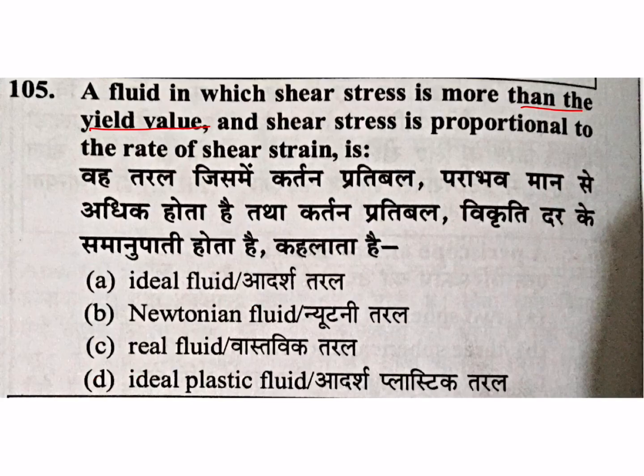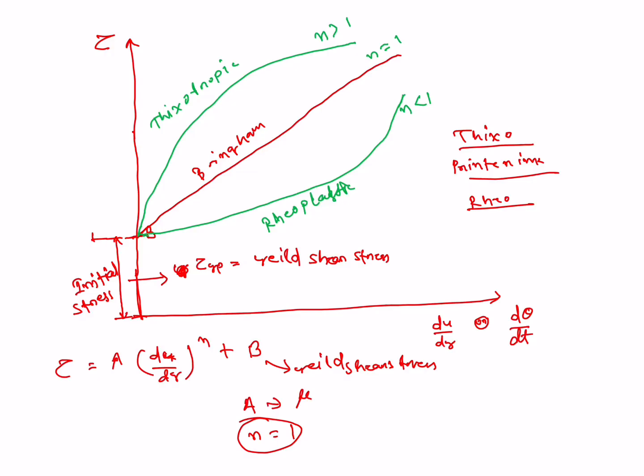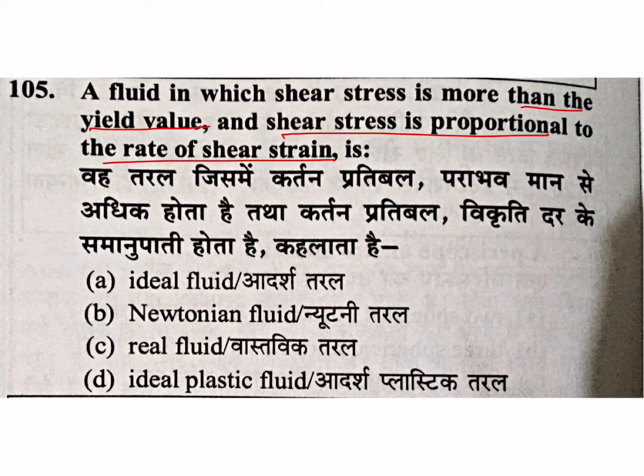Here in this question, shear stress is proportional to rate of shear strain, so n equal to 1. Shear stress is directly proportional to shear strain, you will get a straight line. So it's a Bingham fluid or ideal plastic fluid. D is your correct answer.